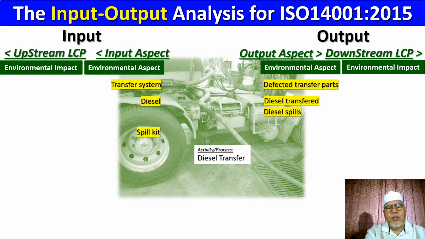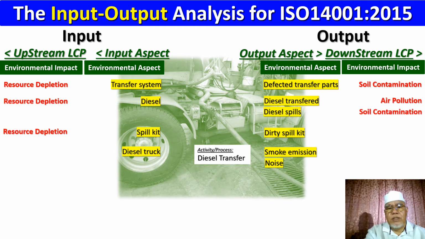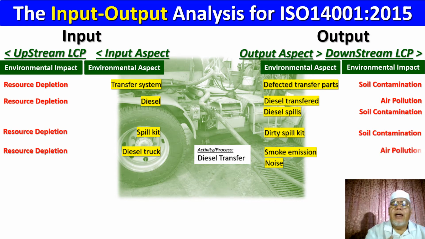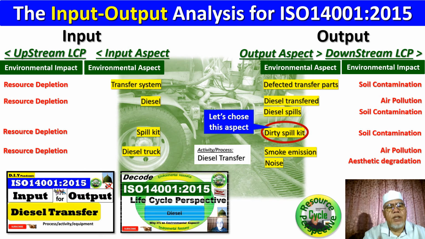I just summarized them because in reality there are a number of more environmental aspects involved. These are the major ones, and if you want to know about this input output analysis, you're welcome to watch our earlier video over there, input output. This is how we identify environmental aspects.